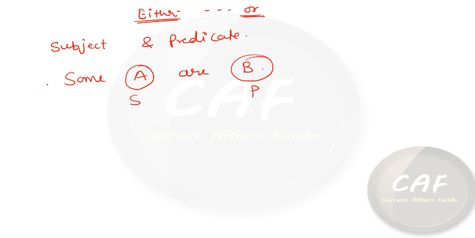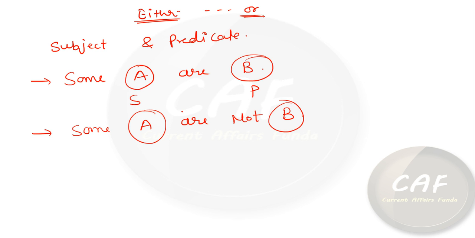Suppose two conclusions are given here. The first one is: some A is B. The second is given in this format: some A is not B. So this one is the subject, this one will also be the subject, and this one will also be the subject. So subject and predicate will be the same.